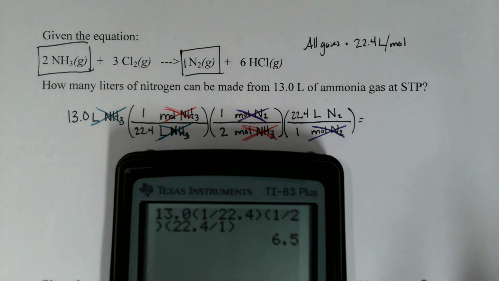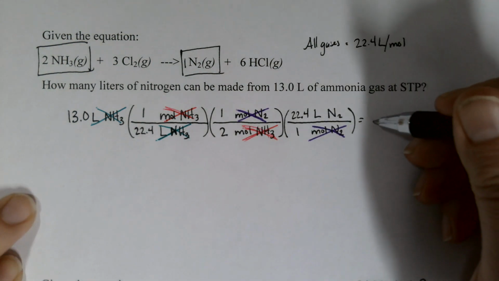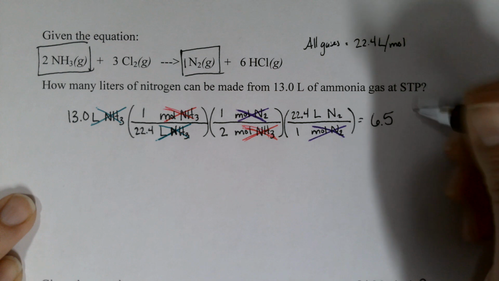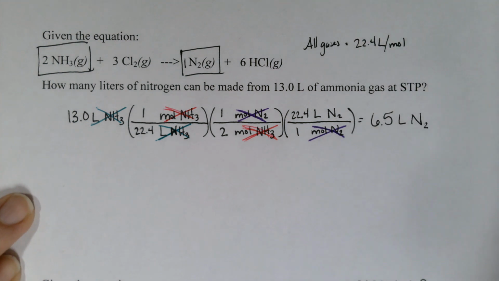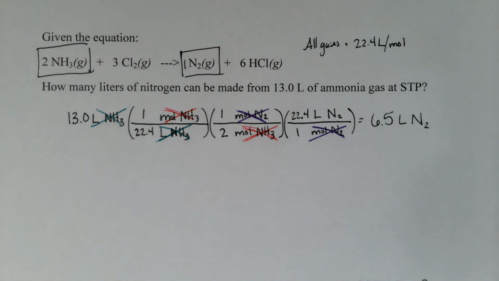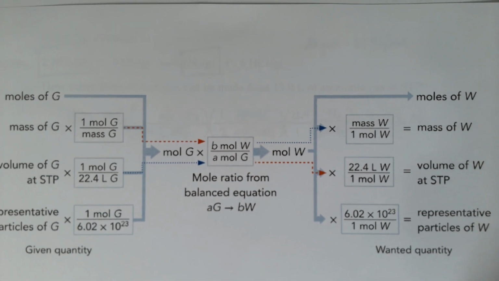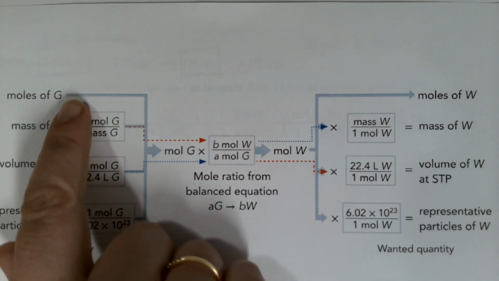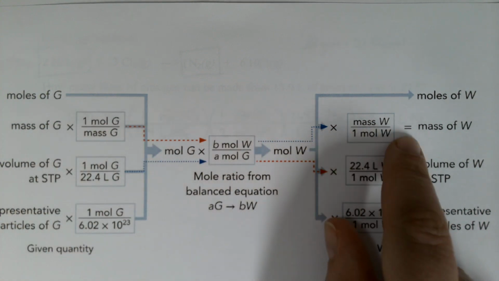And our answer is 6.5 liters of nitrogen gas. So the key to doing these is to remember this flow chart, have it available to you when you complete this, and find what you're starting with and find what you're ending with, and just follow the path to the other side.